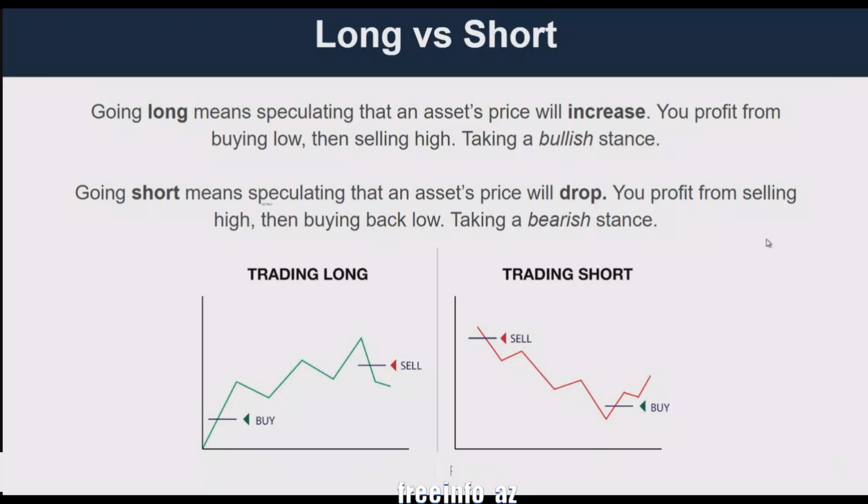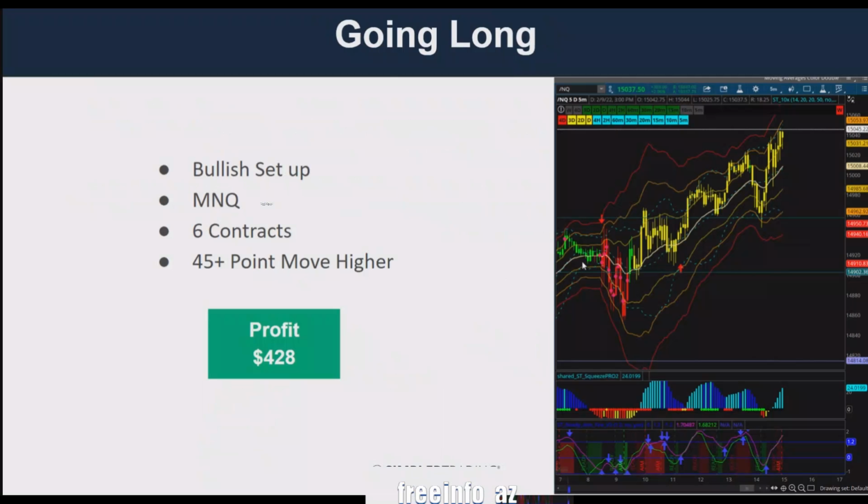So from there, if you want to go long, you look for a bullish setup. Here's 6 contracts that I took on a 45 point move higher. This was a bullish setup for many reasons. This is a 5-minute chart where I had a lot of compression on price within the squeeze. Red started to become green and yellow.